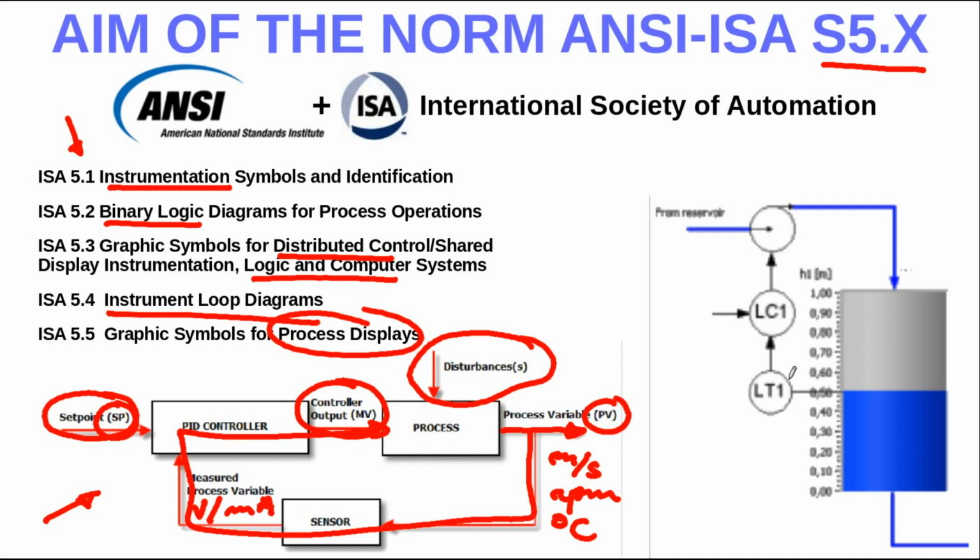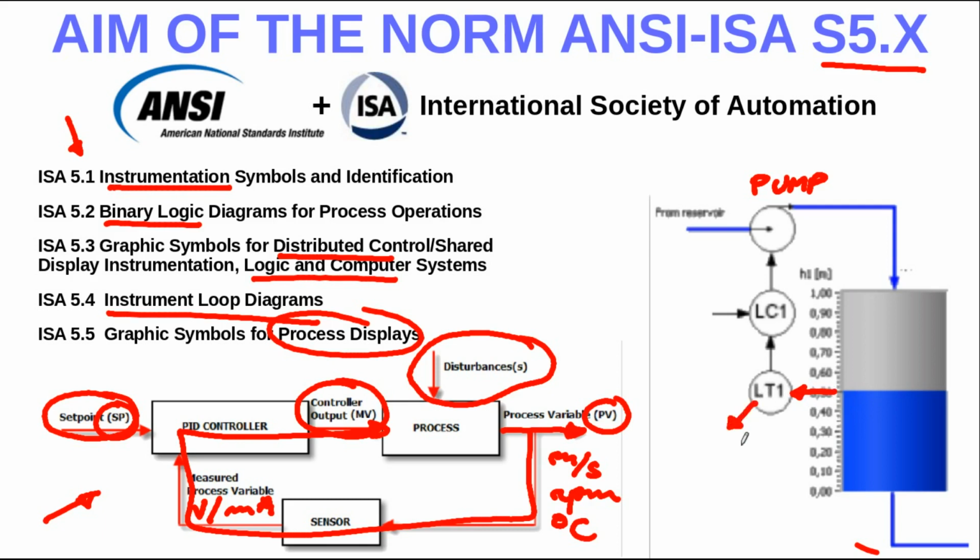Well, as you can see here in the diagram, we have a pump in here. The pump is producing an inflow to the tank, and we are measuring the level of water within the tank.